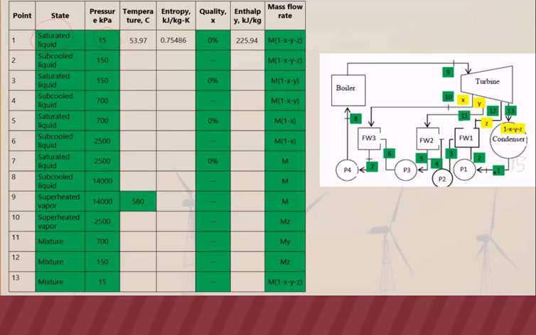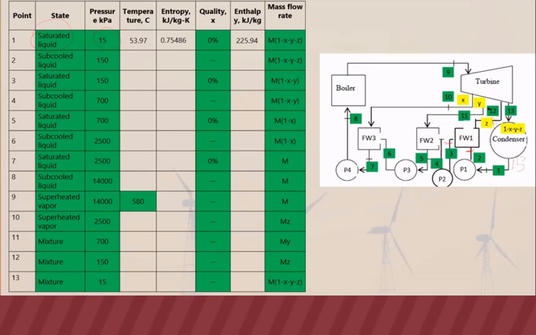And then it is pumped to point 2. Pumping it would make it a subcooled liquid. So it is a subcooled liquid, and then it is pumped to the pressure of feed water heater 1. So now it is connected to your feed water heater 1. So point 2, point 3, and point 12 are connected to feed water heater 1 and they will have the same pressure.